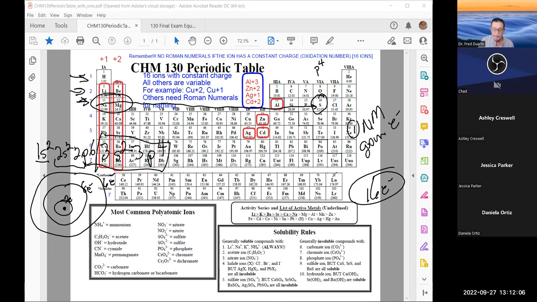Now it has 18 electrons by picking up 2, and it has a -2 charge. And it's isoelectronic with argon because it now has a stable configuration. Elements are trying to get into a stable configuration.